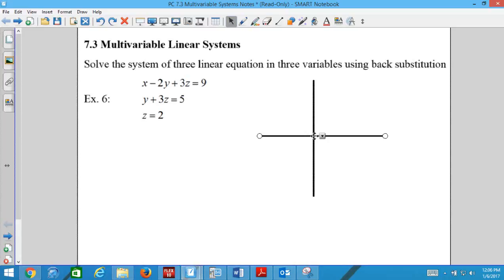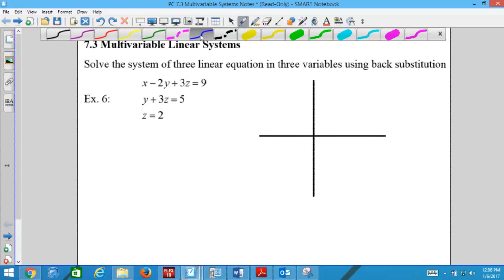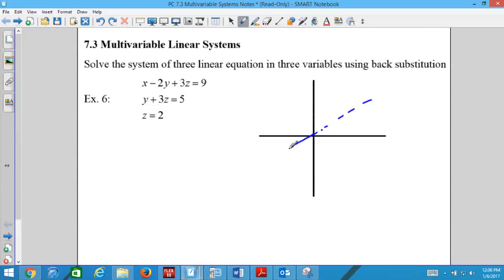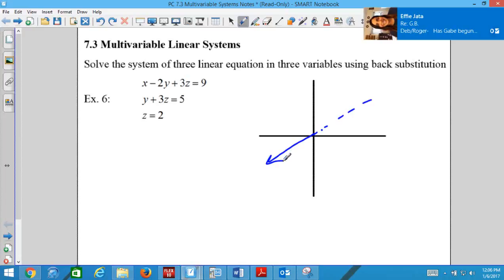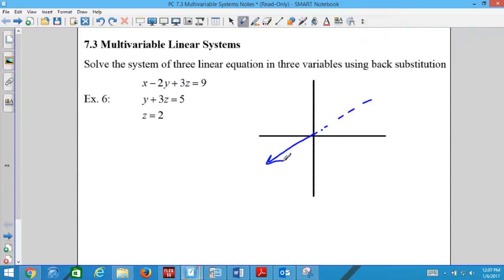It's x, y, and z. That would be three-dimensional. A real-life example of where you would see x, y, and z axes coming together in the origin is the top corner or bottom corner of the roof. That's x, y, and z coming together. So that's how you would graph in space.